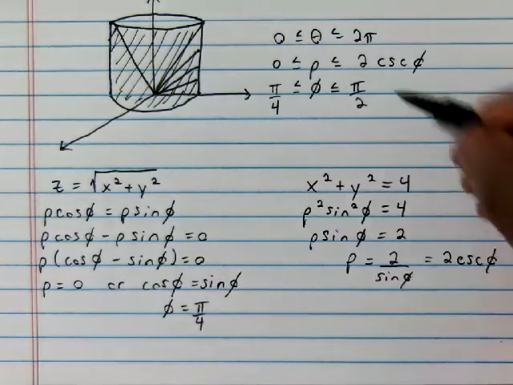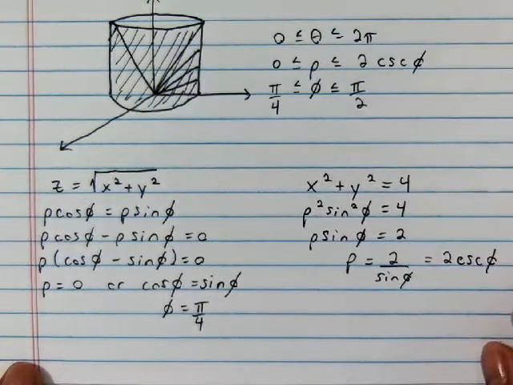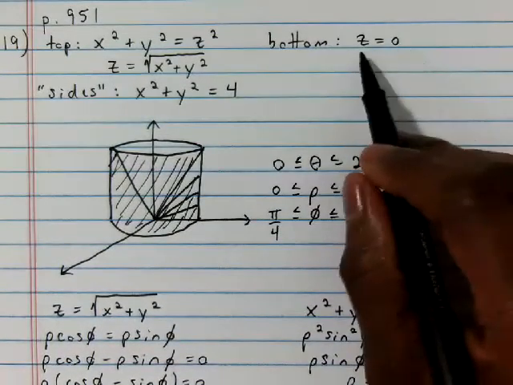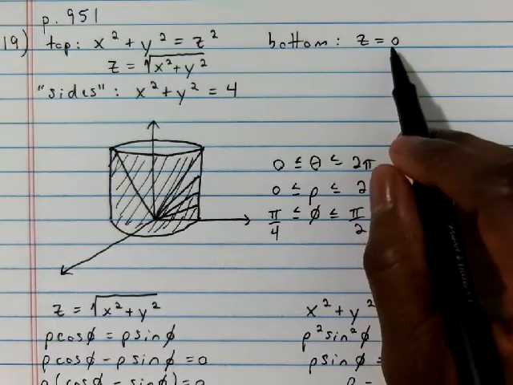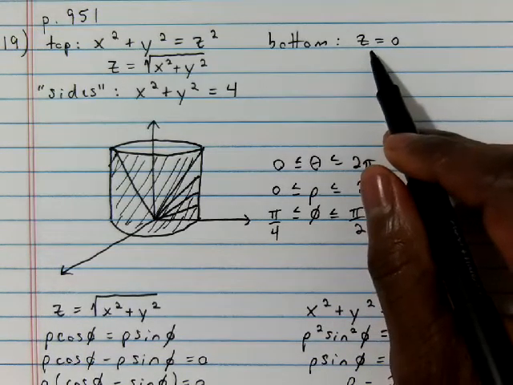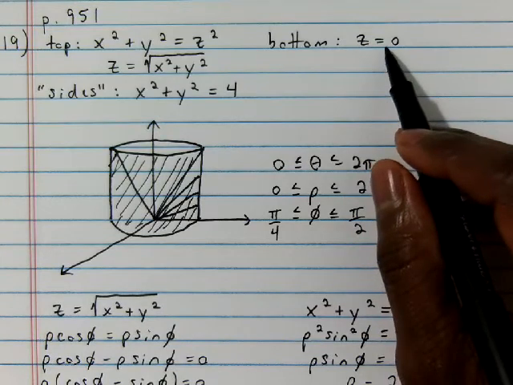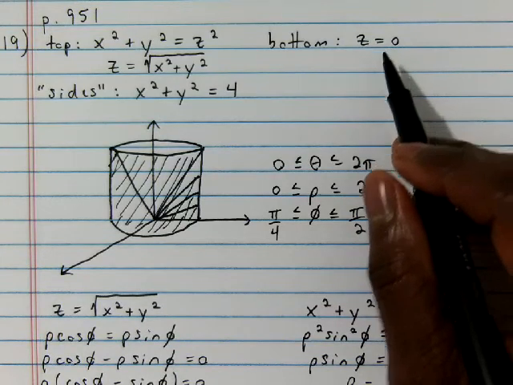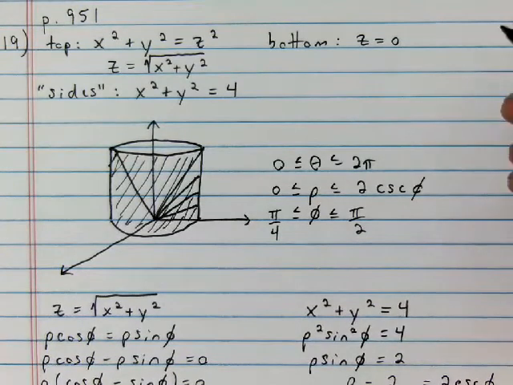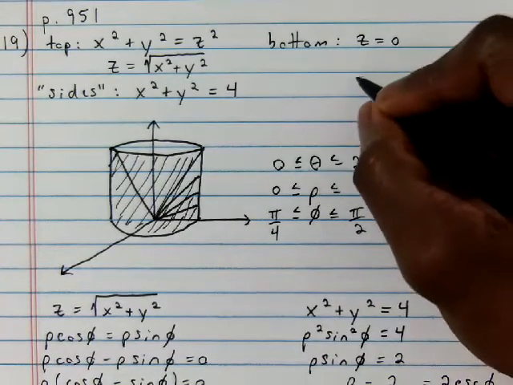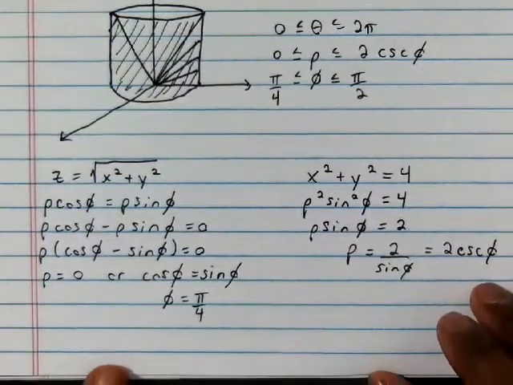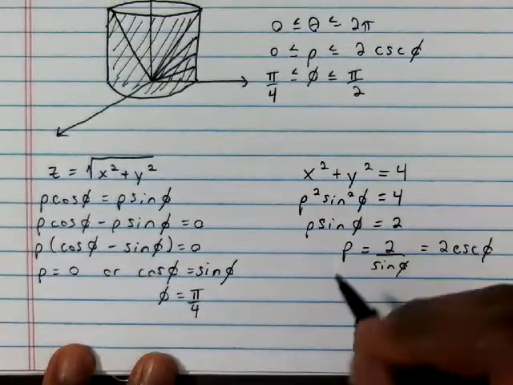And to get this, you could certainly use the bottom equation, which we didn't go through and do. We used our picture, but you can use the bottom equation: just do rho cosine phi is equal to 0, and then at the bottom we know our rho. So I'll just go ahead and do it since I'm talking about it. So let's do it down here where we did everything else, so it's all in one place together.